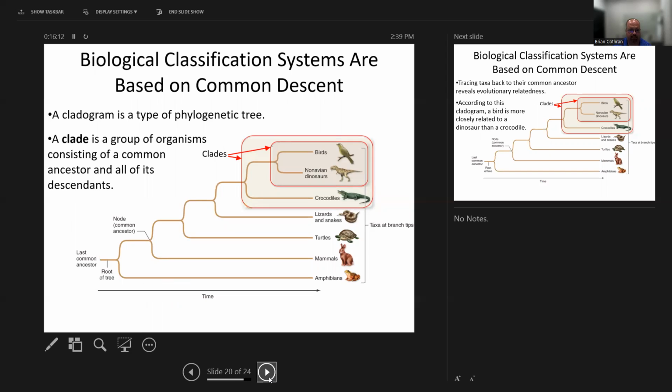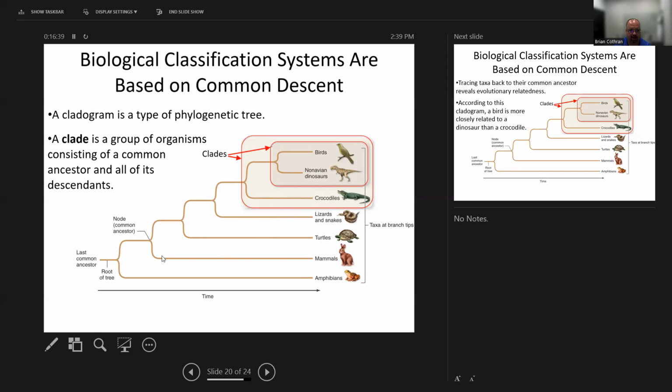So a cladogram would be a type of phylogenetic tree, and a clade is a group of organisms consisting of a common ancestor and all of its descendants. So again, you see birds and non-avian dinosaurs, the raptors and things like that that are typically associated with birds. And they're closely related, and then they're more closely related to crocodiles, which in the grand scheme of things would be more closely related to lizards and snakes.